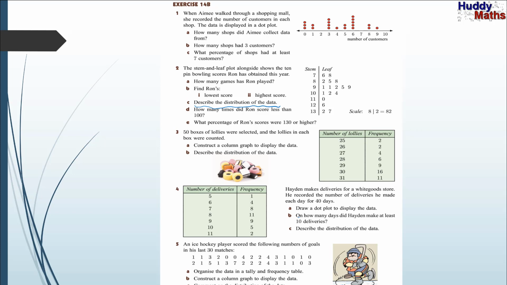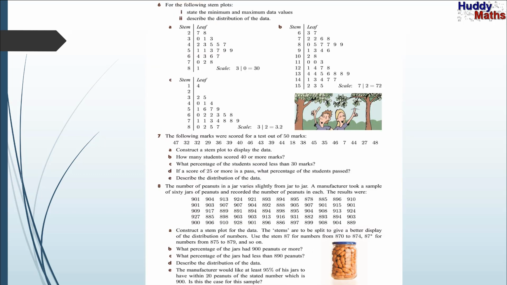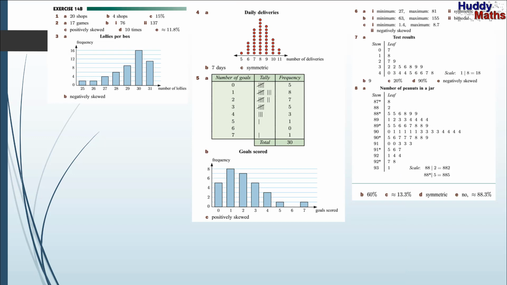So pause the presentation as usual and have a go, and the answers are coming up a bit later on, so you might have to scroll forward to see if you're getting them right. Okay, here's some more for you. 8 questions, I think that's the total now. And there we have the answers. Okay, so check it all out and get this idea of skewed distributions or symmetrical distributions and all that stuff.